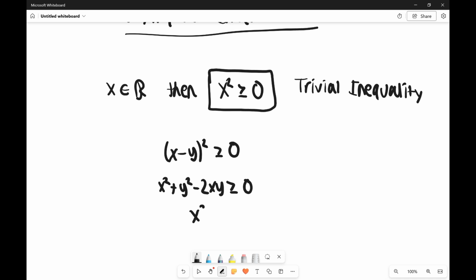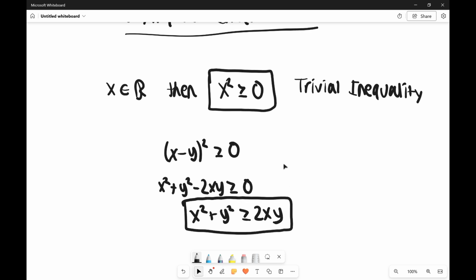And therefore, x squared plus y squared is greater than or equal to 2xy. And this is our first fact from using that squares are non-negative. And we're using the fact that equality holds if x is equal to y. And that's very strong because that gives us another way to obtain equality cases.